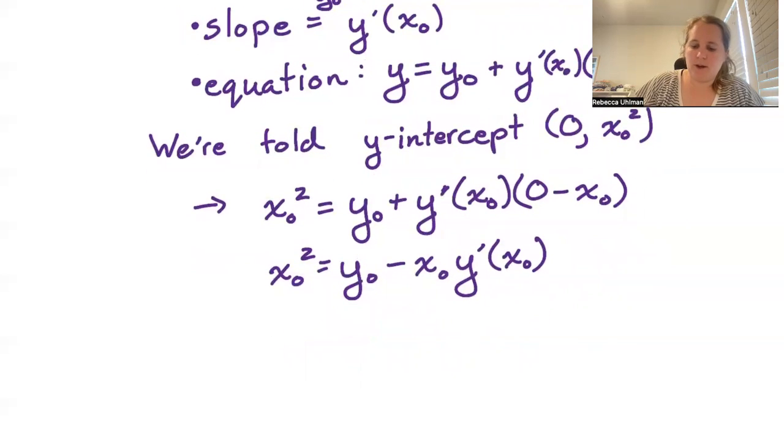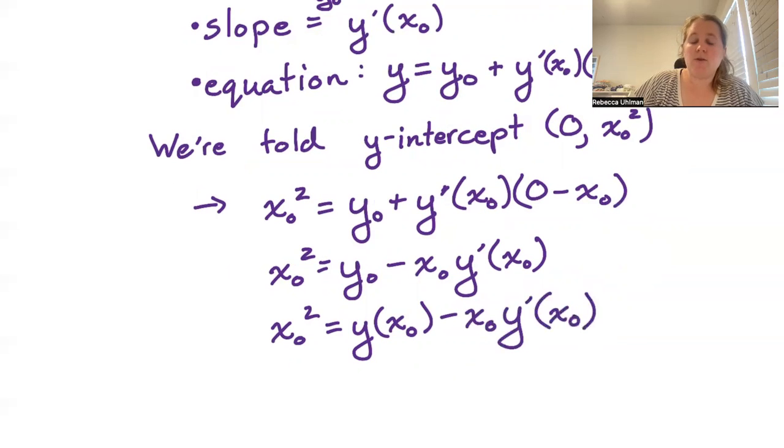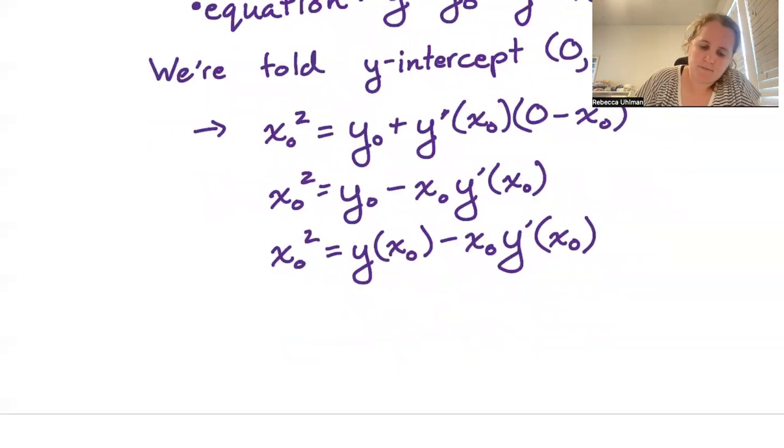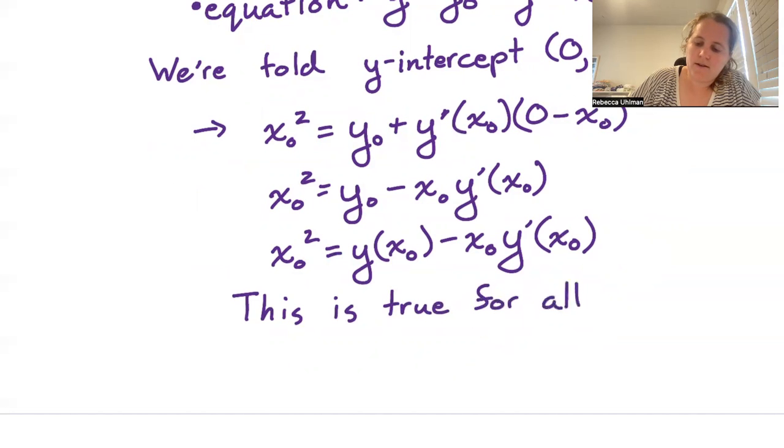Now I'm going to go back to the more broad notation. Y naught is equal to y of x naught minus x naught times y prime of x naught. We are told that this is true for every x naught. So this is true for all x naught.